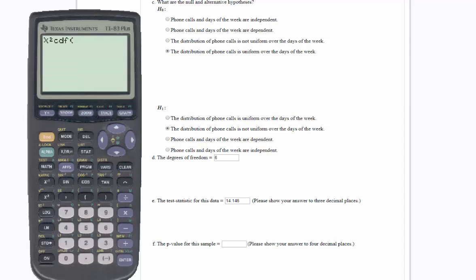Remember, chi-square tests are always right tail. So your lower limit in this case is whatever your test statistic is, right? So we're going to say 14.14583333. And I'm just trying to be as accurate as possible. We're going up to infinity, right?